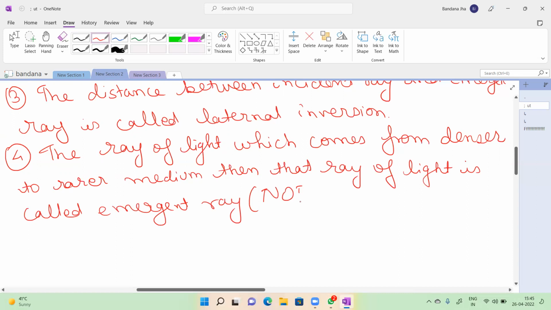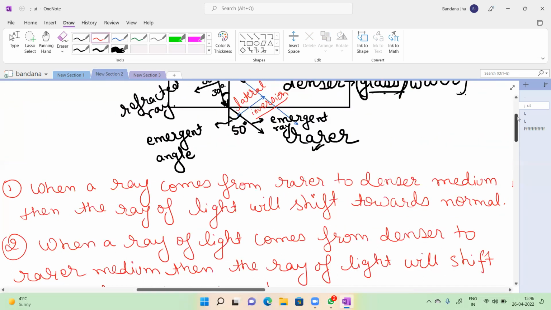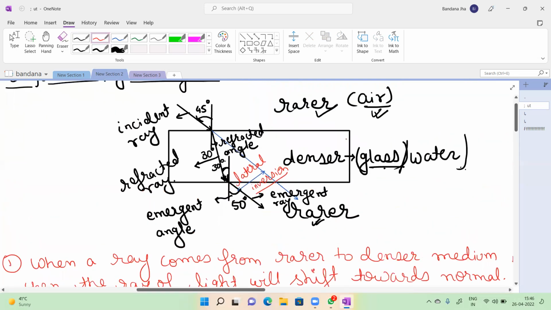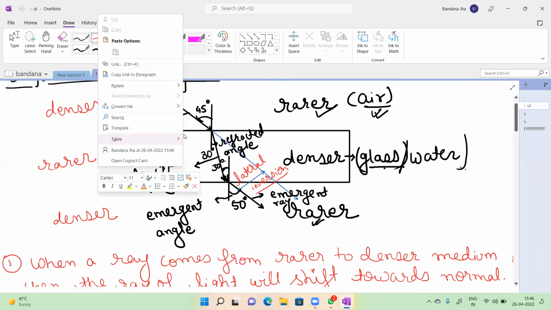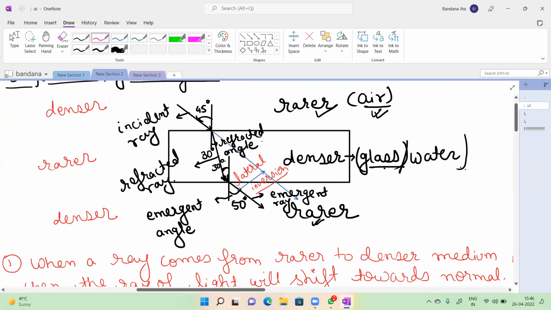Note in this case. Why have I written in this case? See, beta, the emergent ray is that ray when the ray travels through different mediums. Suppose this is a denser medium, this is a rarer medium, and this is a denser medium. When the ray of light comes from denser to rarer medium, it will move away from the normal.